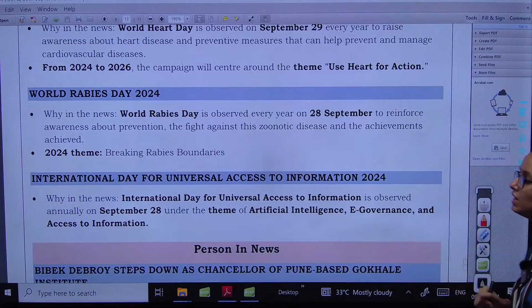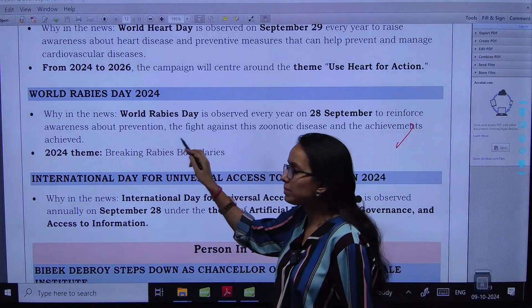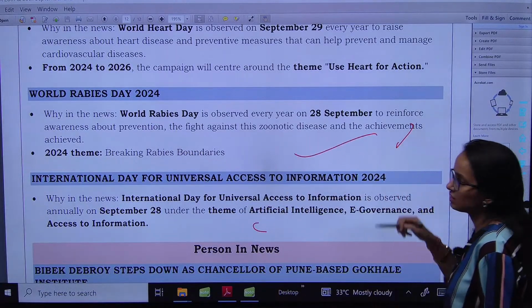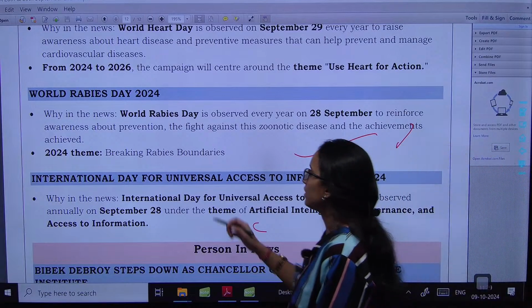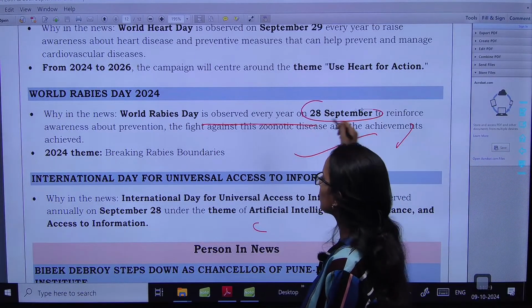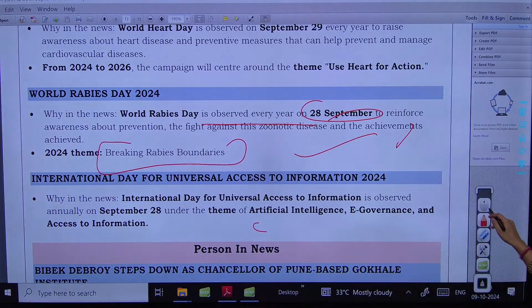Then you have World Rabies Day on 28 September, to have awareness campaigns about the prevention and fight against this zoonotic disease and the achievements which are there. So the theme for 2024 on World Rabies Day, 28 September, is Breaking Rabies Boundaries.